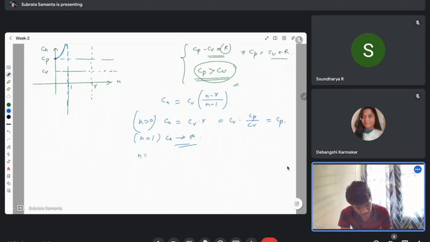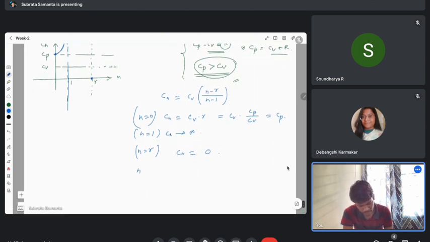Now put n equals gamma, then Cn is Cv times 0, so it's 0. So at n equals gamma, Cn is 0. Then let's put n going to infinity.